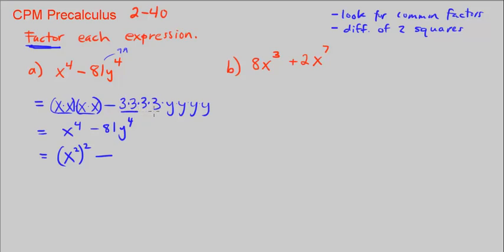There's going to be 3 times 3 squared and y times y squared, which is going to be 9y squared, right? If you square 9, you get 81. You square 9y squared squared, you square y squared and you get y to the fourth. Okay? So now this looks like the difference of two squares, right?